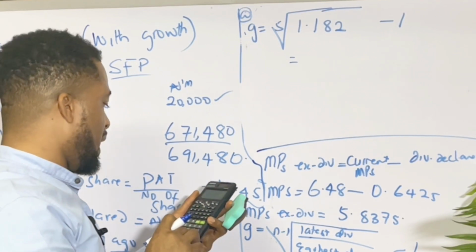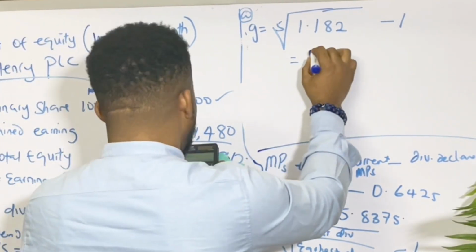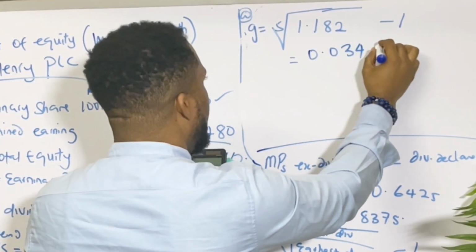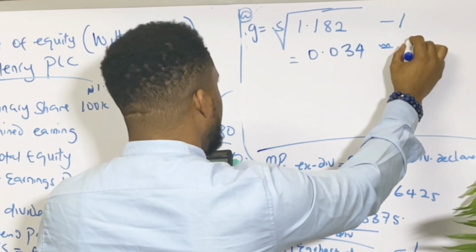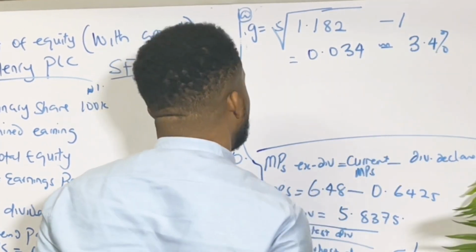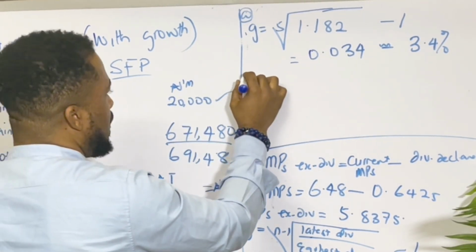If you do this, I get this, then minus 1. That's 0.034, and then my growth rate becomes 3.4%.